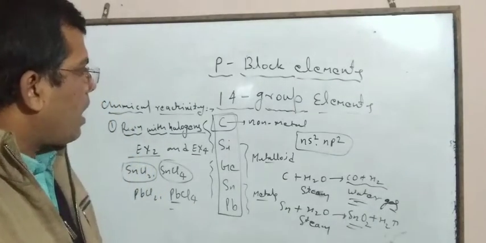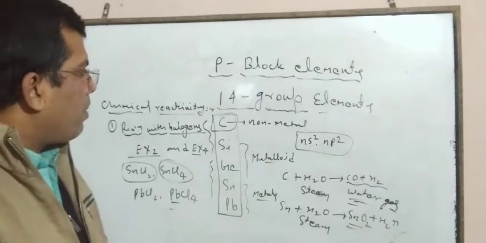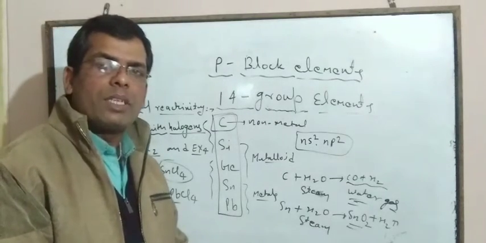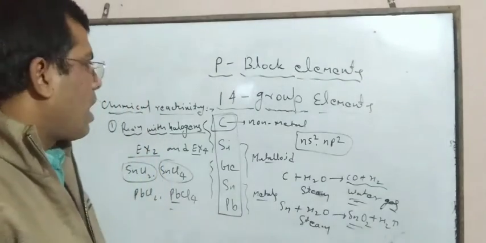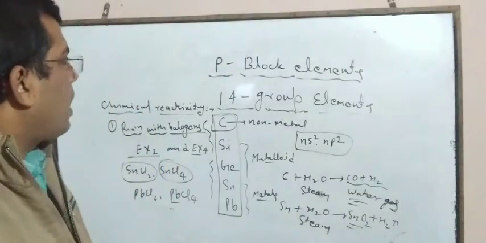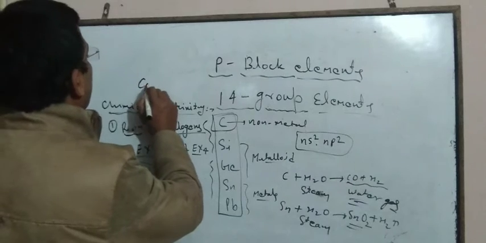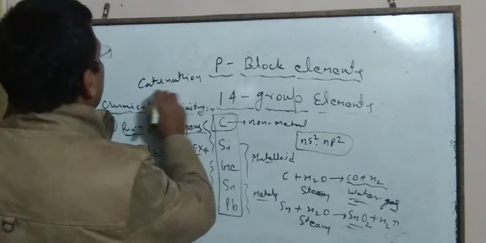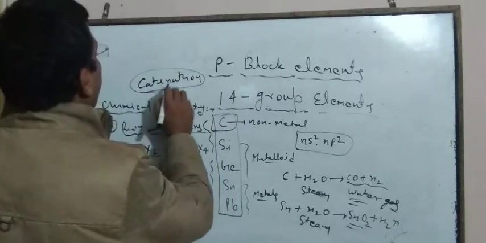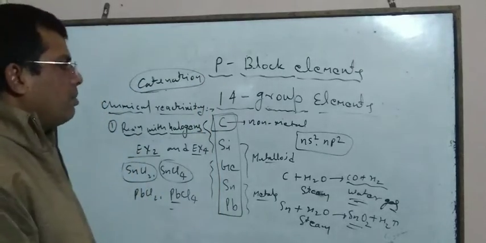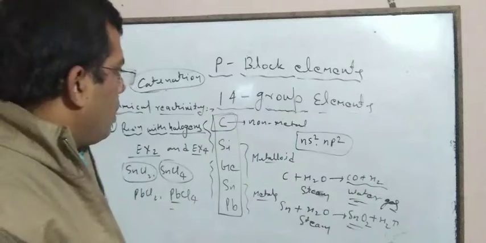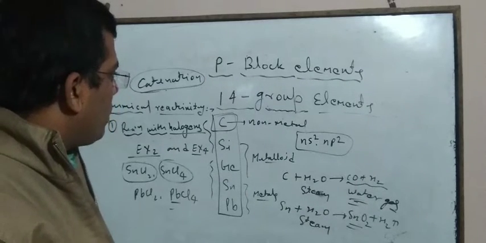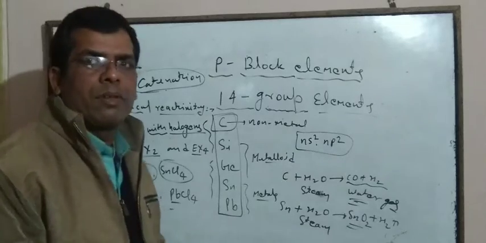That's why carbon combines with several other carbon atoms to form a long chain of carbon skeleton. So dear students, you should keep it in mind. This is the abnormal behavior of carbon.